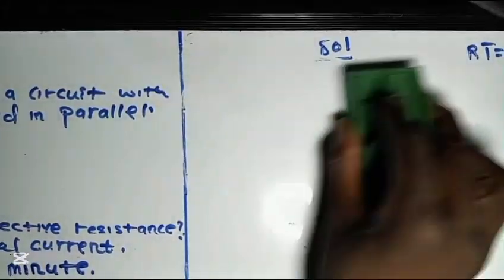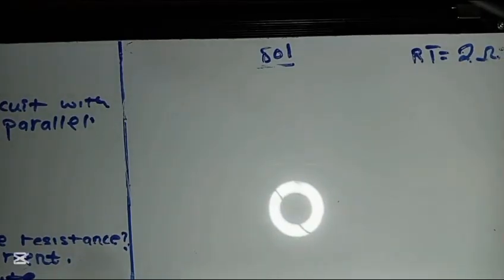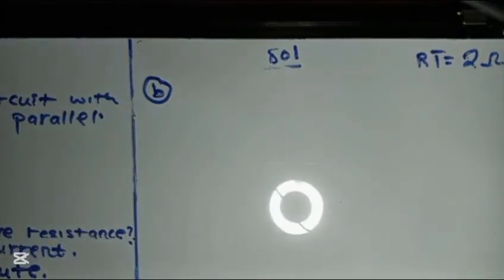Okay, we can go on to the second question, which is calculate the total current. This question can be asked in 2 ways. Sometimes they can say calculate the current passing through the battery, and sometimes they can say calculate the total current.